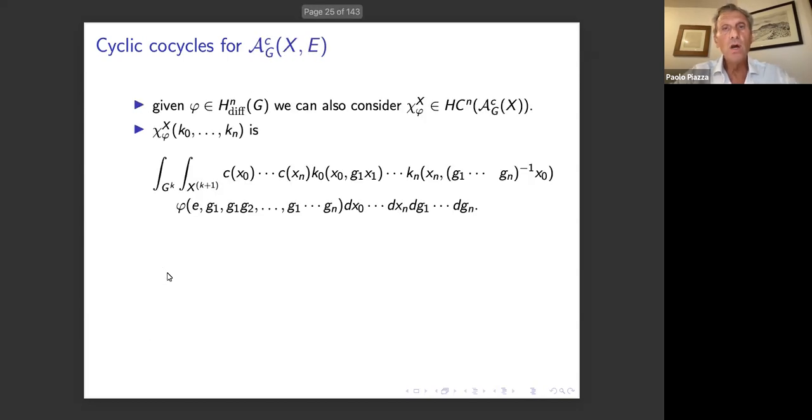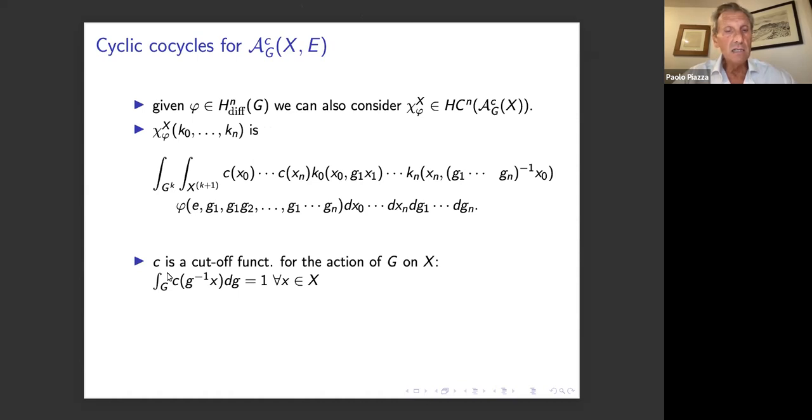Of course, we know that we can also pass to the cyclic homology of the smoothing operators of G-compact support. Here is an example of how from phi in the differentiable cohomology, you can define a cyclic cocycle on the space of smoothing kernels. Here is the definition. This is classic.